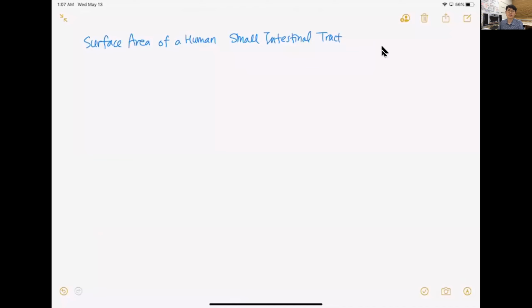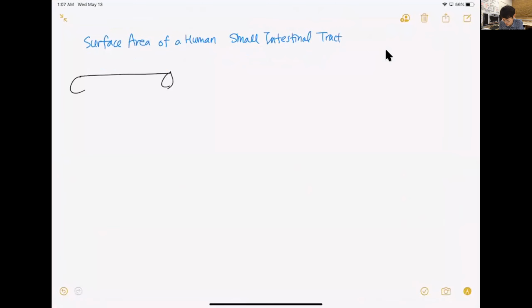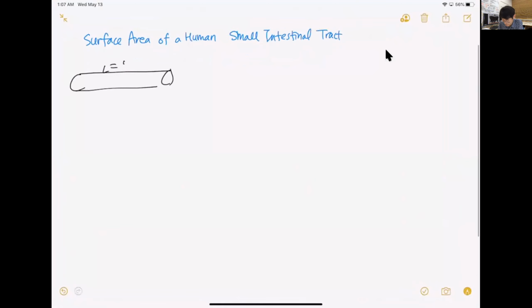Okay, so let's do some board exercise. That's the surface area of the human small intestinal tract. First of all, say the small intestine is just a linear plain tube. Then the length L is about 5 meters, and the diameter D is about 2.5 centimeters. Then what's the surface area?